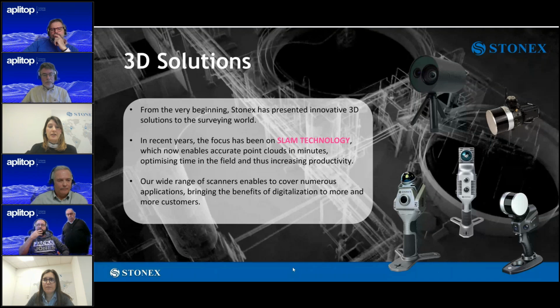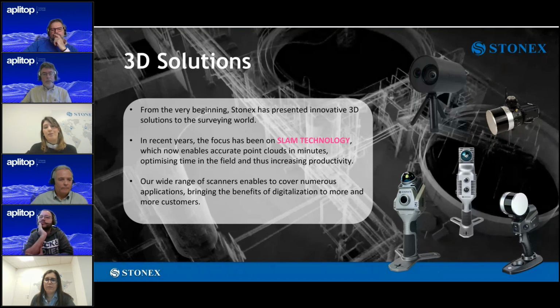And besides the SLAM products, we also have a UAV solution for surveys from drones. And we also have Visual SLAM handheld scanner that works, its technology is based on photogrammetry. So it provides very high resolution details. You have many more information about our products on the web.